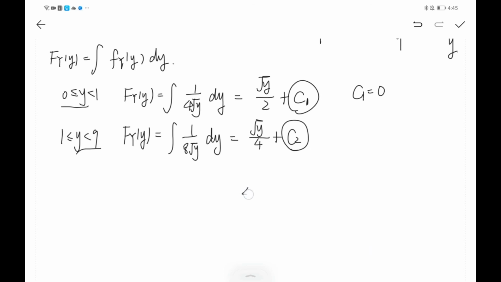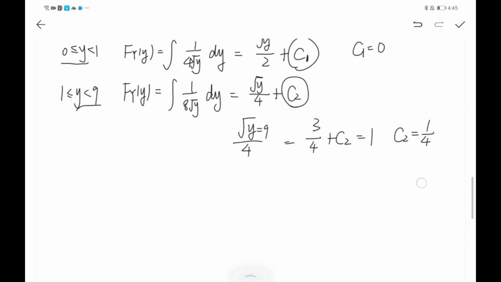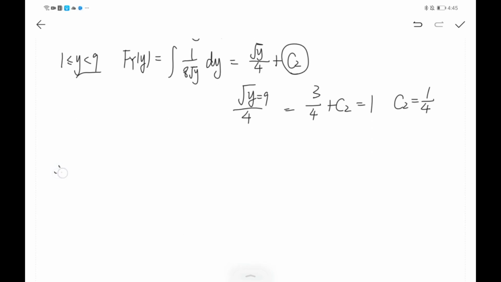So for y equals 9, 3/4 plus C2 equals 1. C2 equals 1/4. So we can get the distribution function of y.